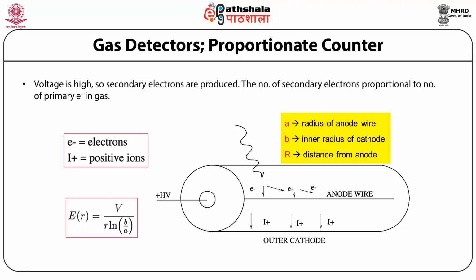Incoming radiation produces an electron-ion pair. Electrons move towards the anode, creating secondary charged particles, and ions move towards the cathode. The electric field between anode and cathode is given by E(r) = V / (r log(b/a)), where a is the radius of the anode wire, b is the inner radius of the cathode, and r is the distance from the anode.